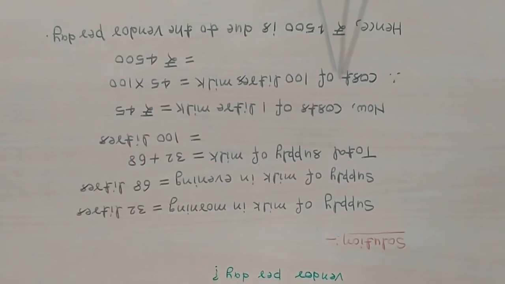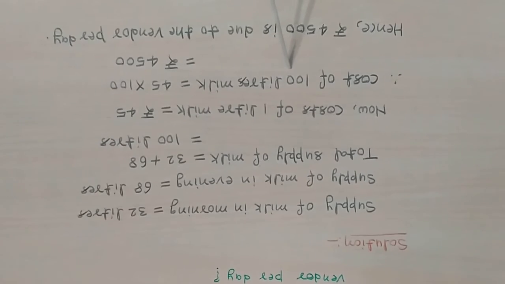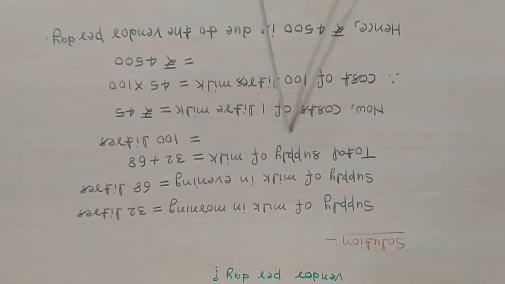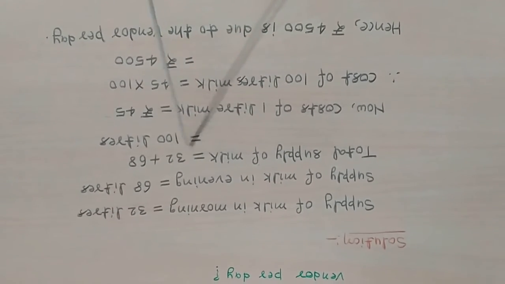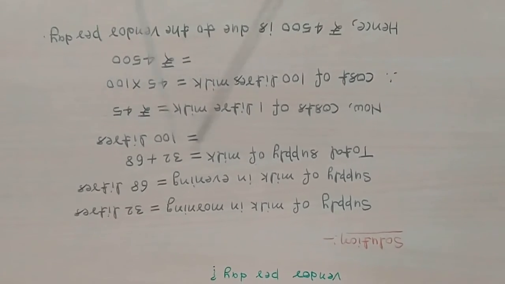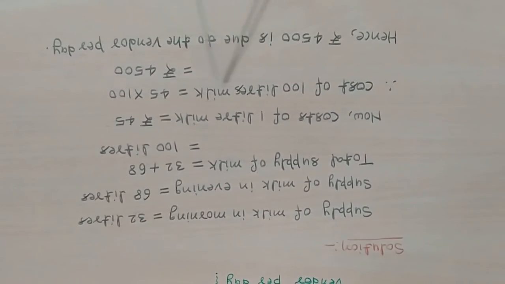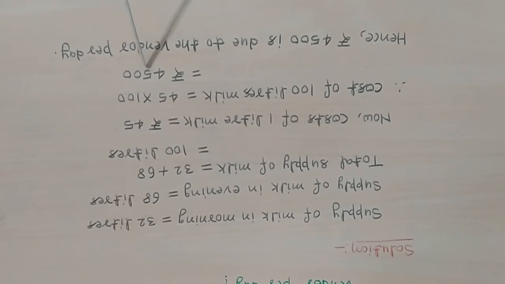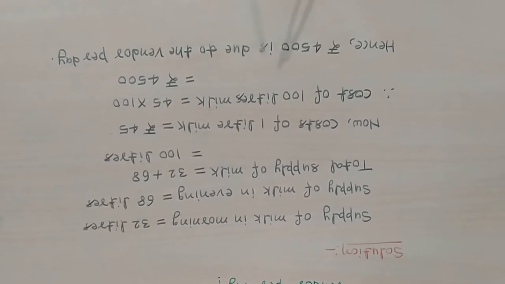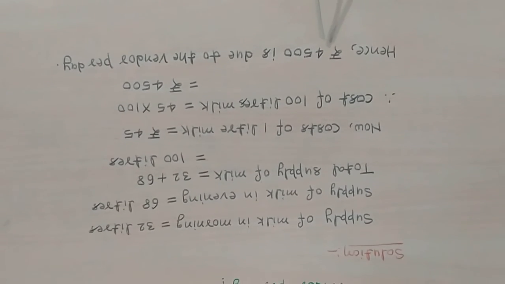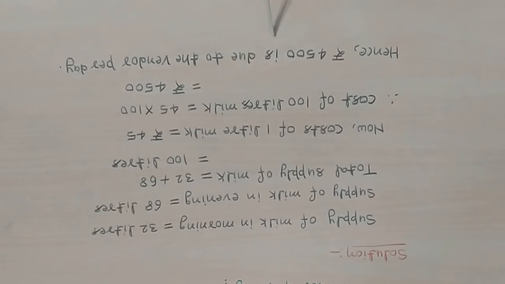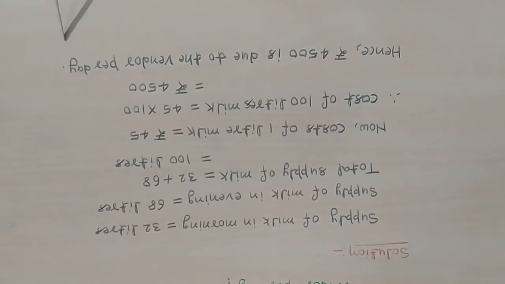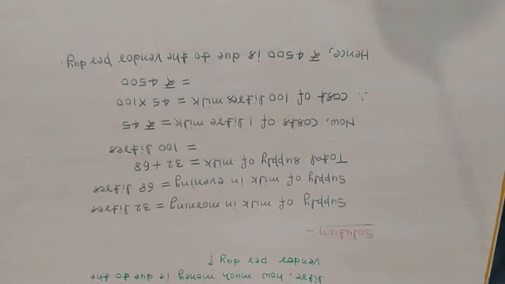We need to find the cost of 100 liters of milk, because the vendor supplies 100 liters in one day. So 45 into 100 becomes 4,500. Hence rupees 4,500 is due to the vendor per day. This is your whole solution.